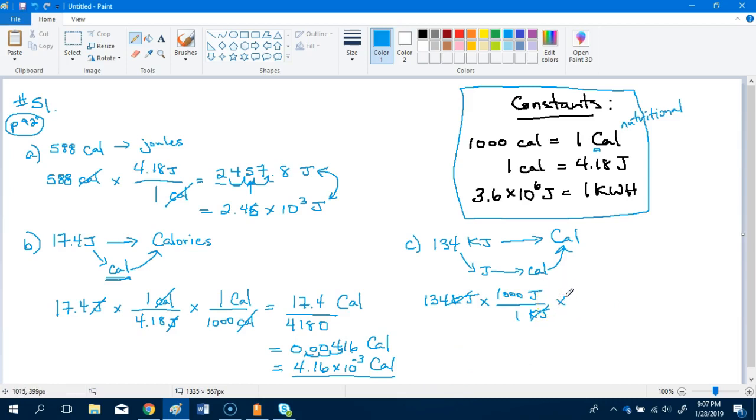Then next I'm going from joules to regular calories, and I want to cancel out my joules, so I'm going to put those on the bottom with calories on top, and this is the conversion factor I'm using. 1 calorie is equal to 4.18 joules.